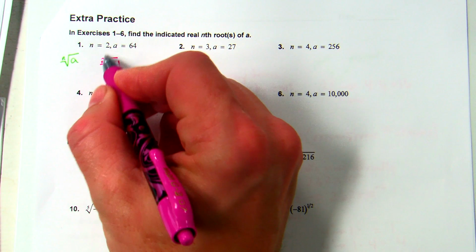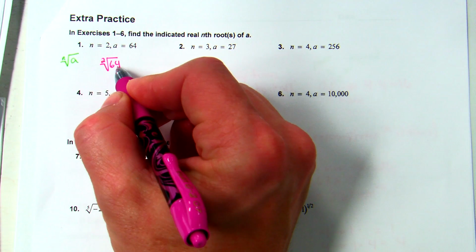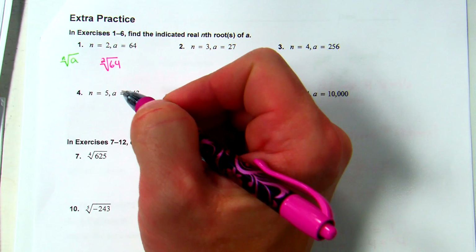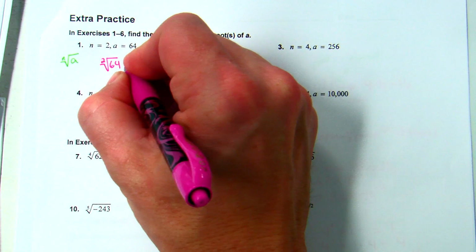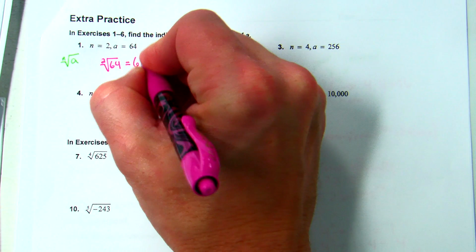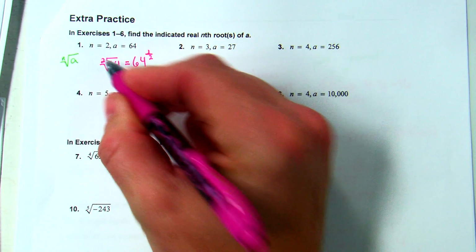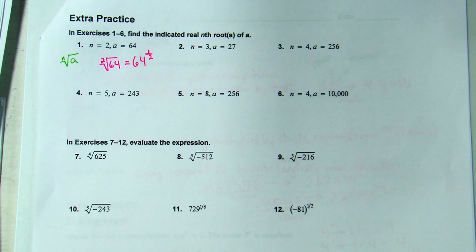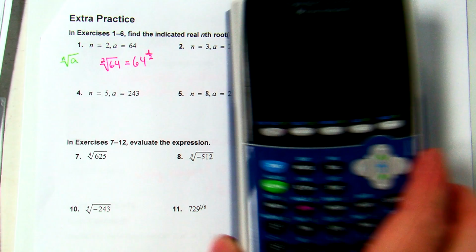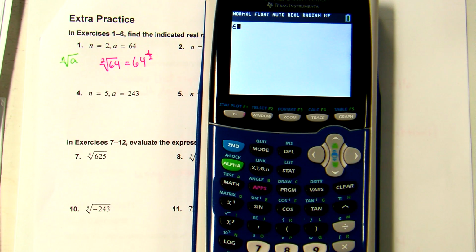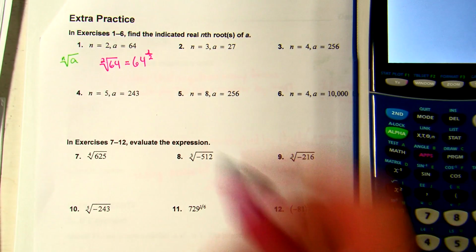We've got the index of 2, and we've got a is equal to 64. We're trying to find the square root of 64. That's the same thing as 64 raised to the 1/2, right? You just put 1 over the n. Those are the same thing. And if I'm going to put that in the calculator, watch this. I'm going to do 64, and I'm going to use this symbol right here, and I'm going to draw it out on the paper first.